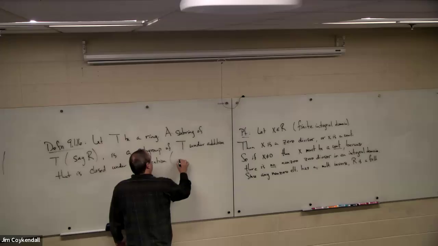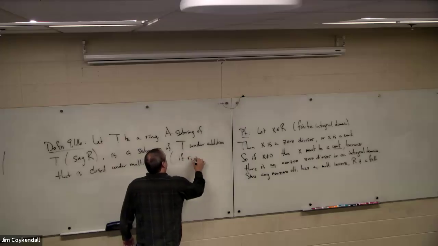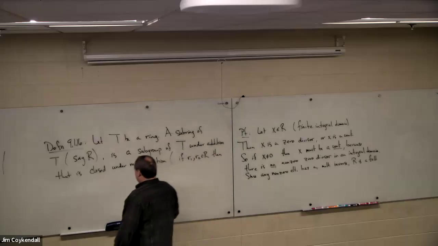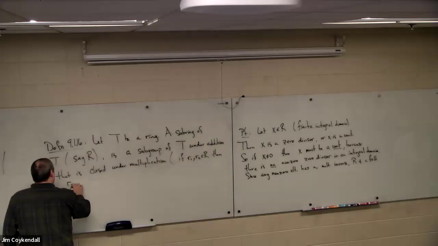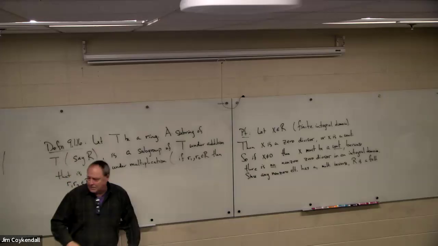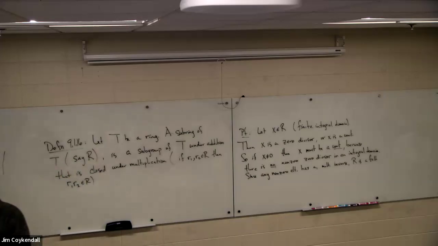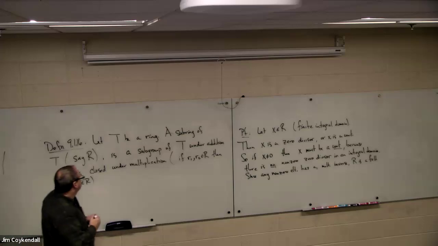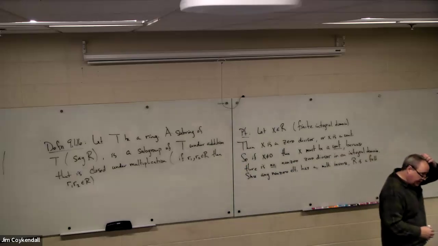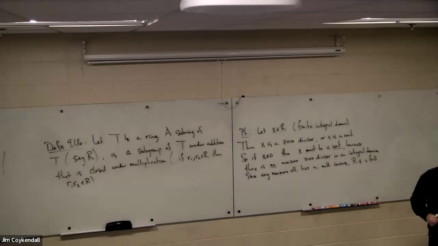That is to say, if r1 and r2 are in R, then r1 r2 is in R. And what does that do? That makes R a baby ring. Because what is true about R now? I know it's a subgroup under addition, and I know it's closed under multiplication.